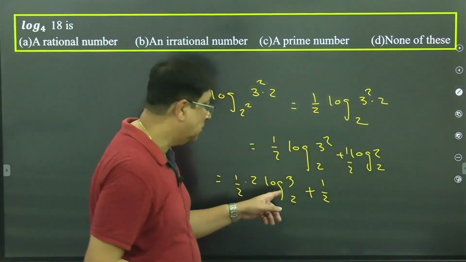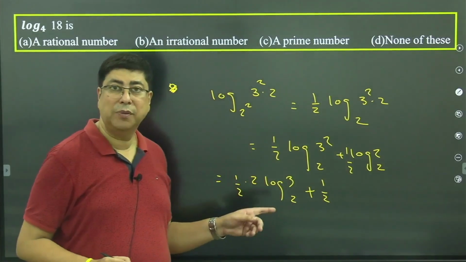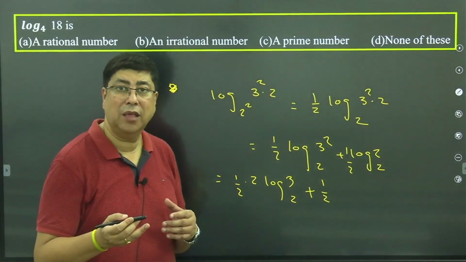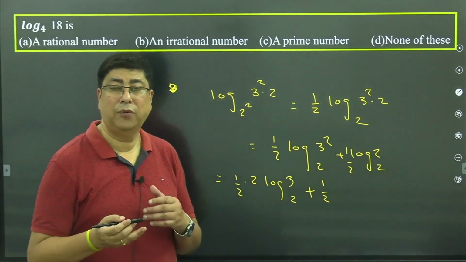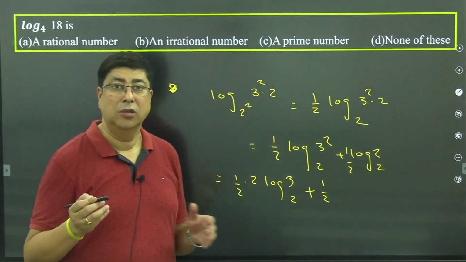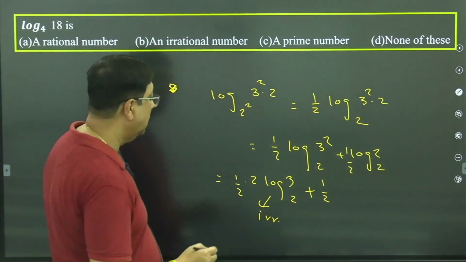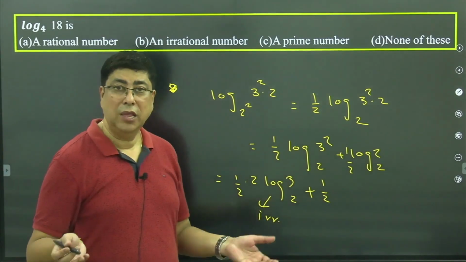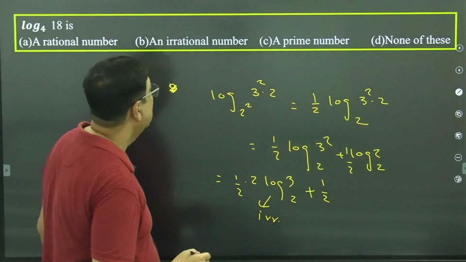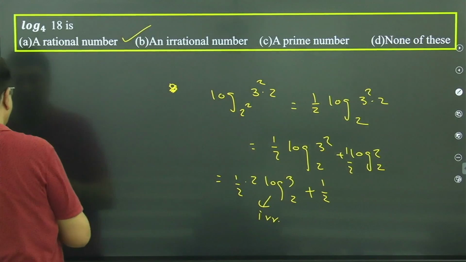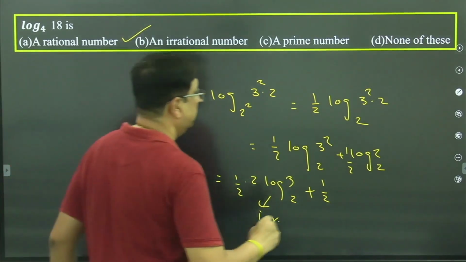So everybody, same as the previous case, as we did in the previous sum, no power of 2 is equal to any power of 3. So this is an irrational number. Irrational number plus rational number equals irrational number. Therefore this is an irrational number. Okay, next, let us go to the next.